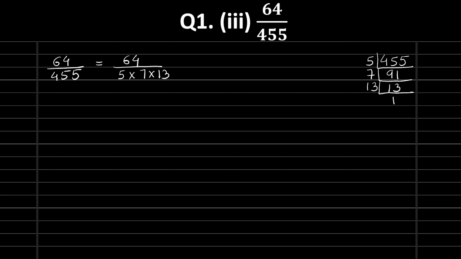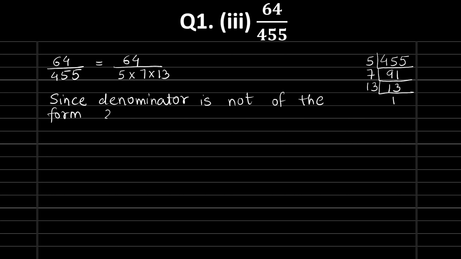Now clearly you can see that over here we have 5, but we do have 7 and 13 also as a prime factor in the prime factorization of 455. So we will write down, since the denominator is not of the form 2 raised to n into 5 raised to m. What does it mean? That in the prime factorization of the denominator 455, we do have other prime factors also, right? 7 and 13.